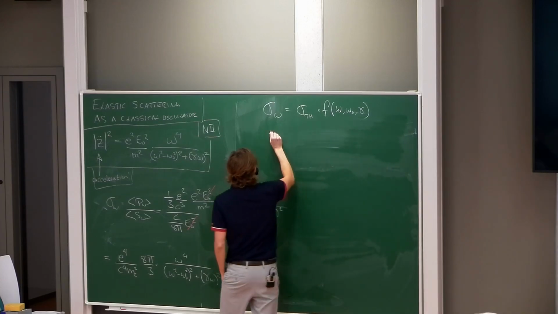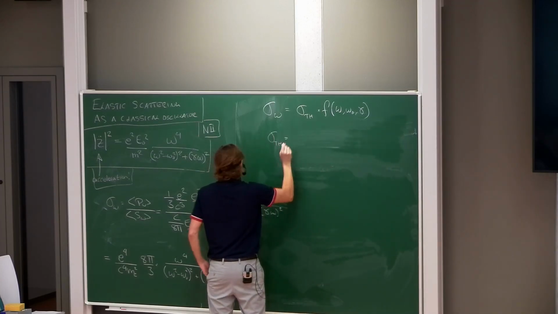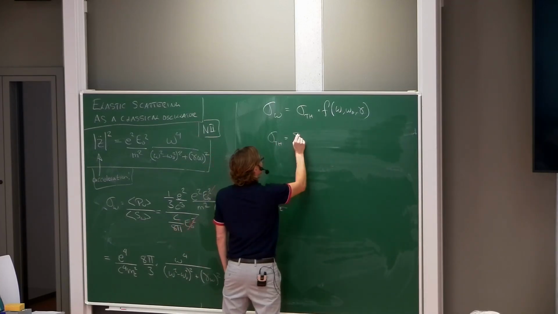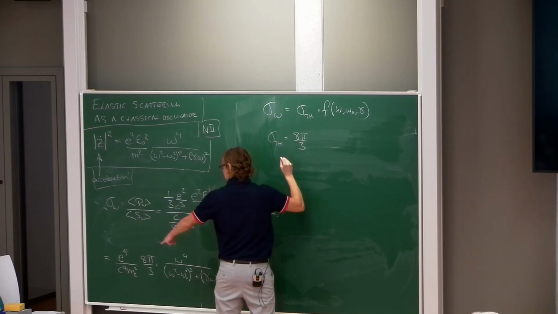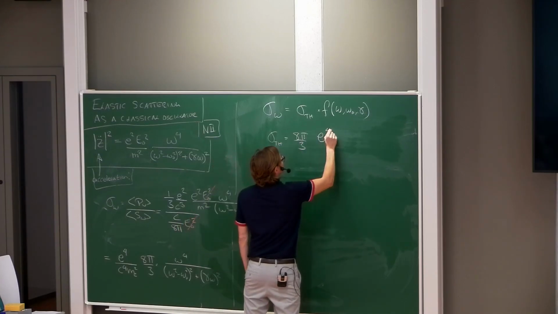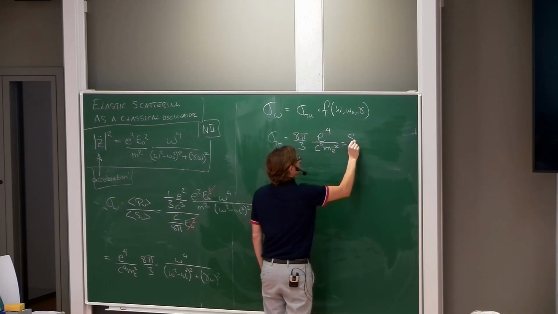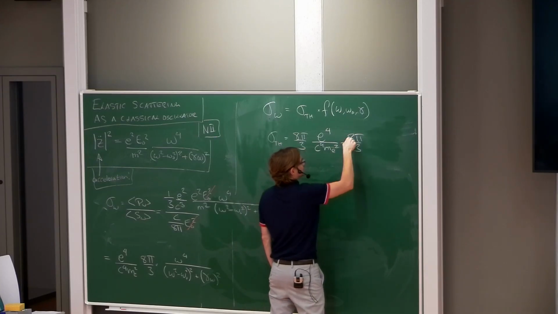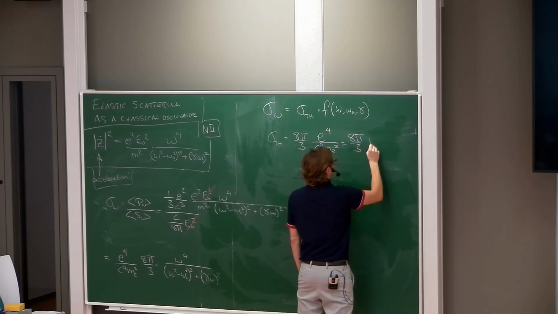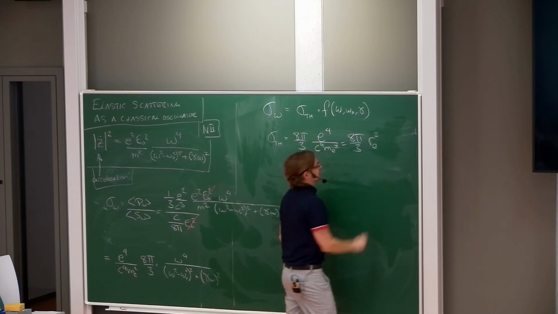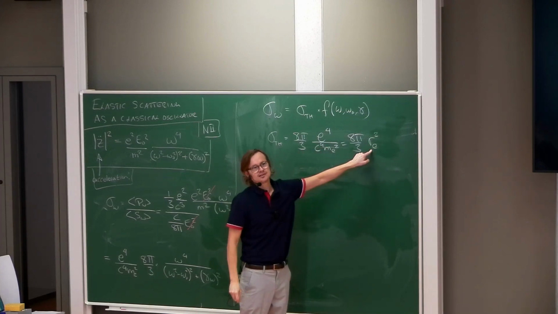This constant is 8π divided by 3 times e⁴ over c⁴ m_e², which sometimes you will see as 8π divided by 3 times the classical electron radius squared.